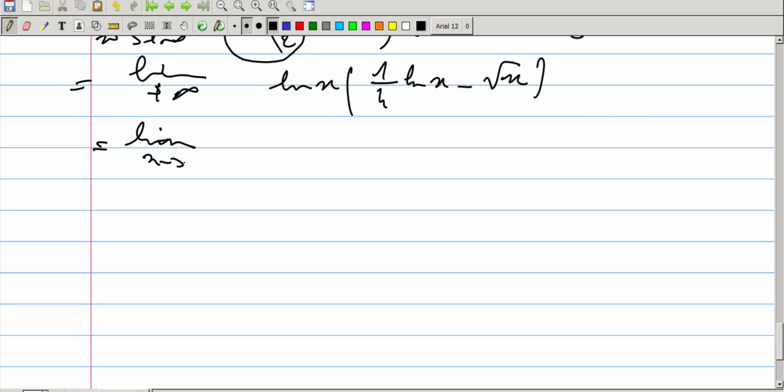So the limit of x while x goes to plus infinity of ln of x times square root of x. Here we have 1 over 2, look, of ln square root of x.